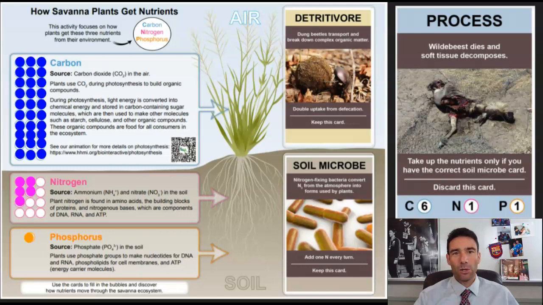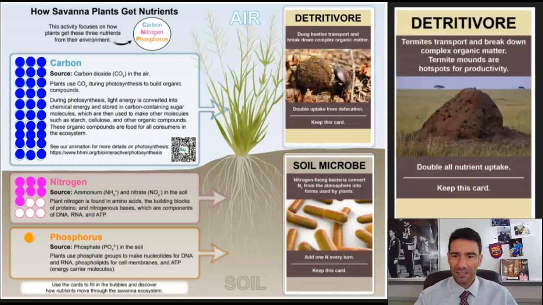Oh, another dead wildebeest. Well, it's the cycle of life. I'm going to take up those nutrients. So I get, yes, more nitrogen, 2 nitrogens now. I'm already full of carbon and phosphorus, so I'm just trying to build up that nitrogen. It's a little harder to come by nitrogen. Have you noticed? All right. Ooh, a new detritivore. Termites. Well, what do termites do?